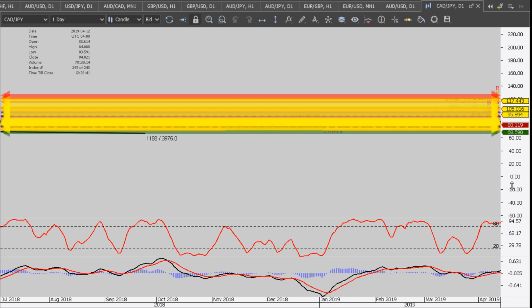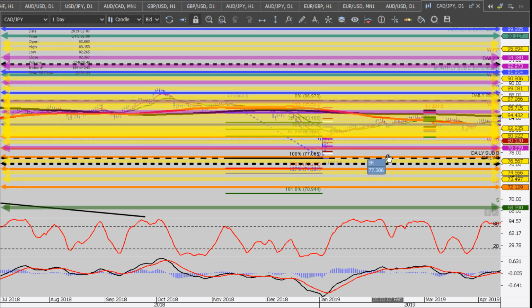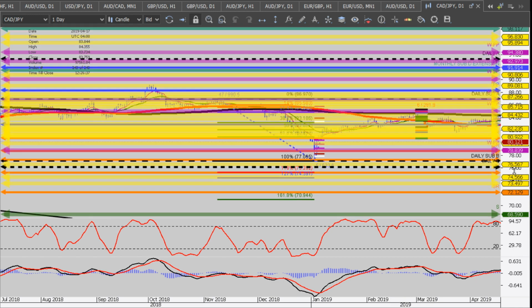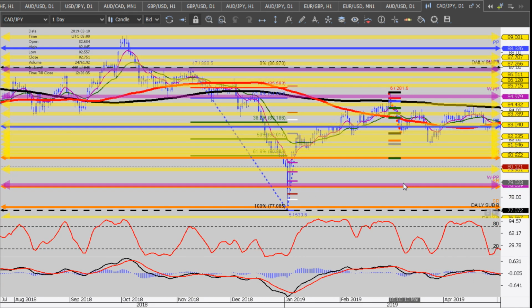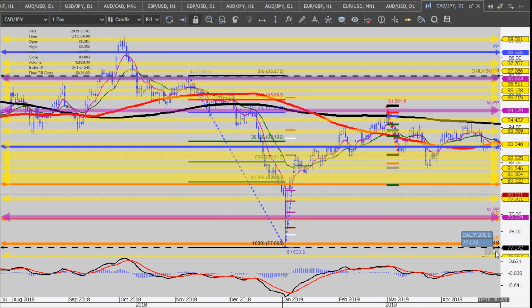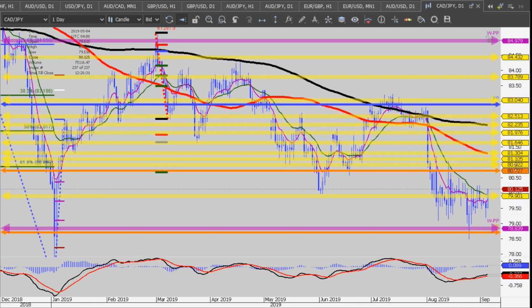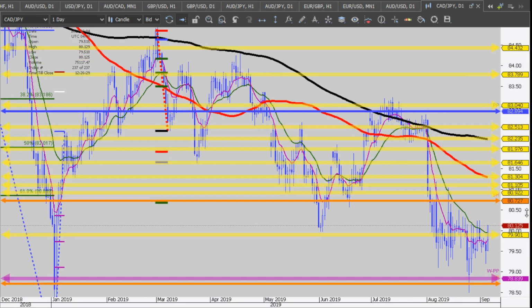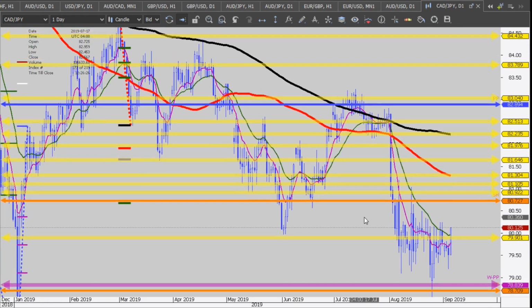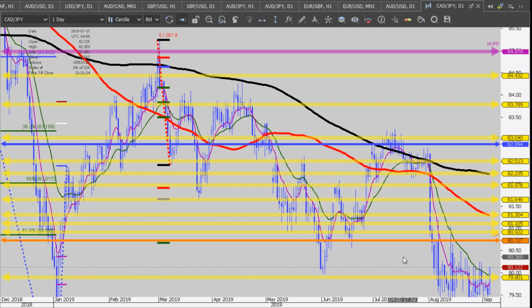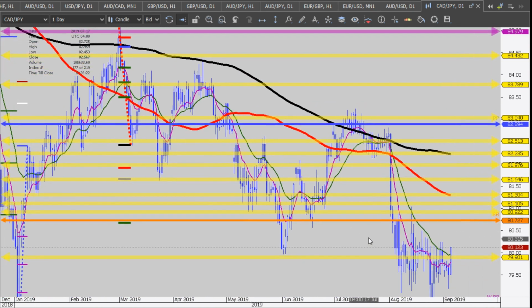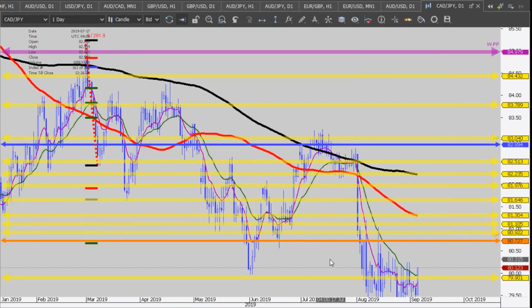Okay, everybody, there you go. Don't do this, everybody. I'm going to delete the indicators. This is what George is talking about. Don't do this. You are not going anywhere with this one.